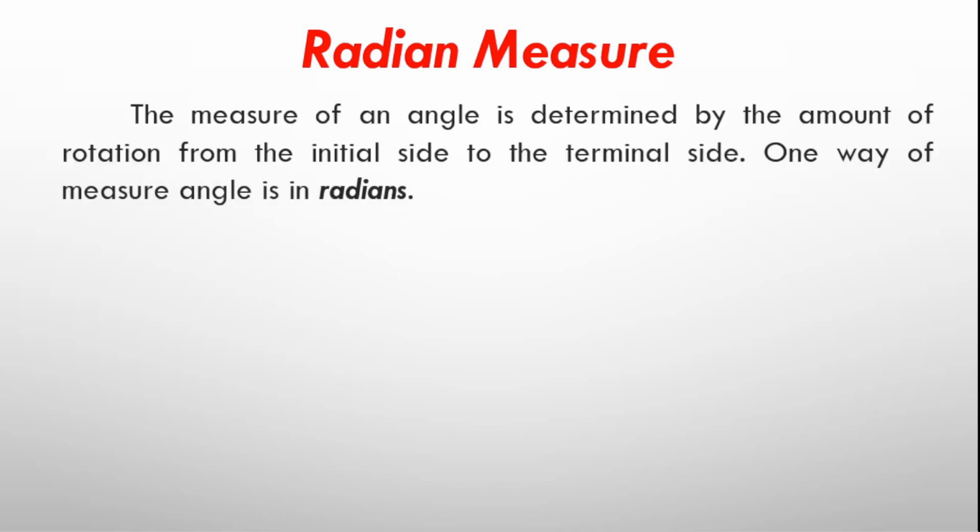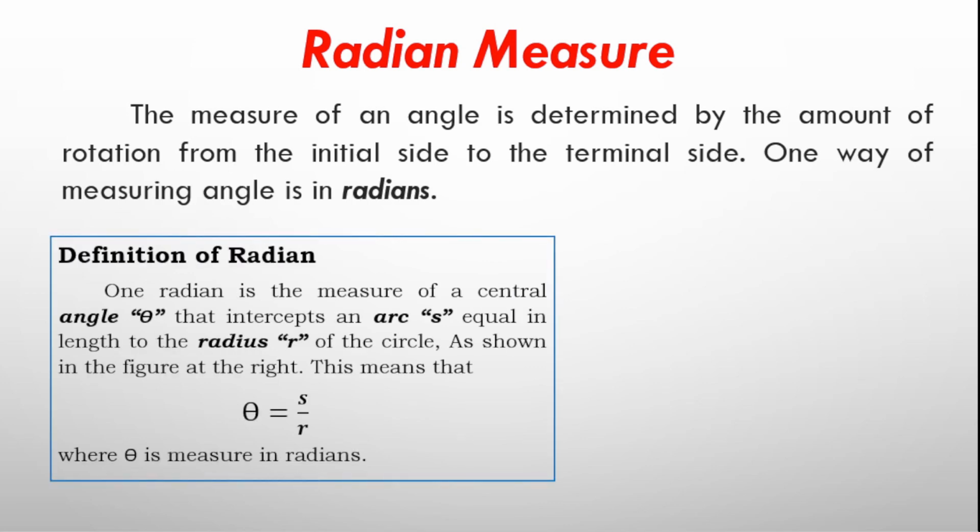Radian measure. The measure of an angle is determined by the amount of rotation from the initial side to the terminal side. One way of measuring angle is in radians. Definition of a radian: 1 radian is the measure of a central angle theta that intercepts an arc S equal in length to the radius r of the circle.